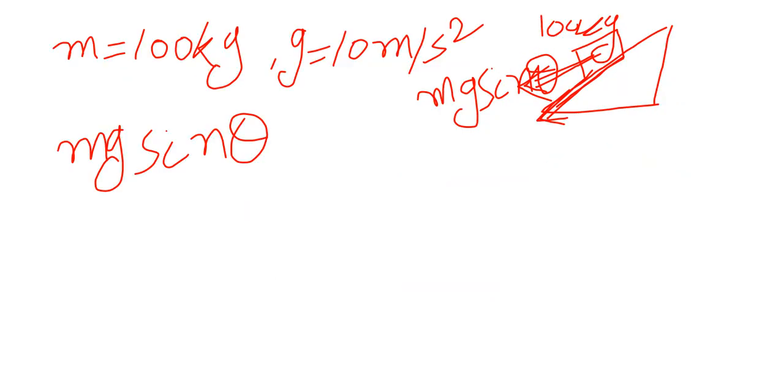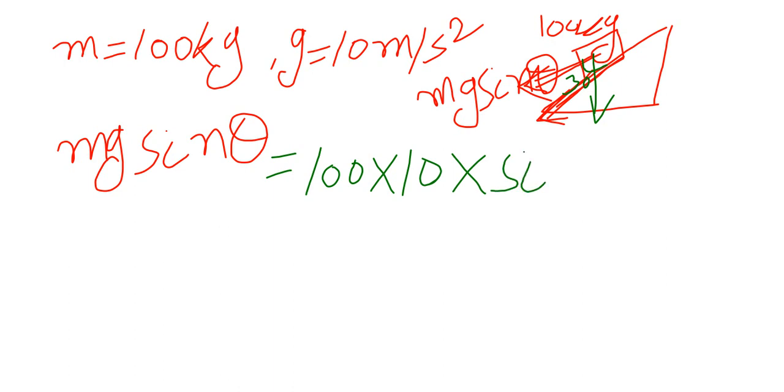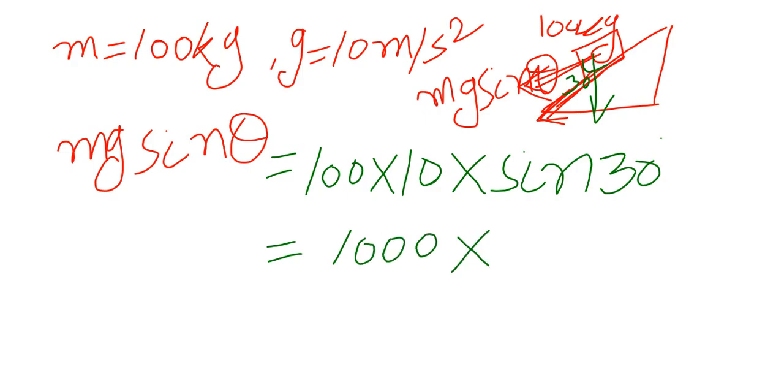So mg sin theta is, m is 100, g is taken as 10, and theta is 30, sin 30. 100 into 10 is 1000, into the value of sin 30, which is 1/2.